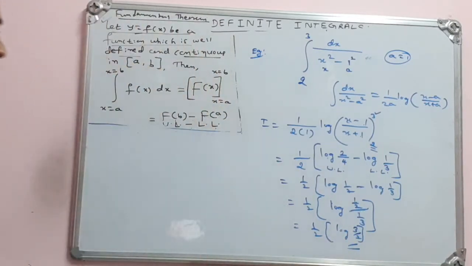So half log 3 by 2 will be my answer. Half into log 3 by 2, that will be my last answer. Note down the solution of this example. Here we have not used the substitution method.